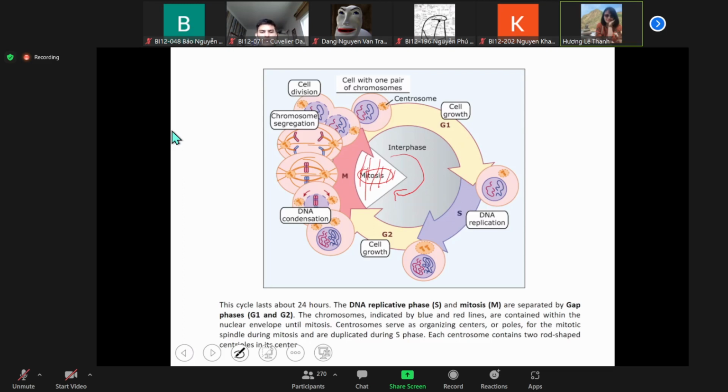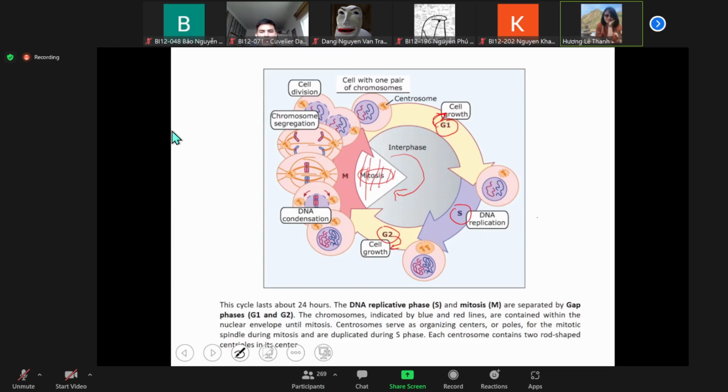The interphase has three small stages. We call them G1, S, and G2. The G here stands for growth. G1 is growth 1, G2 is growth 2, and S I will tell you later.